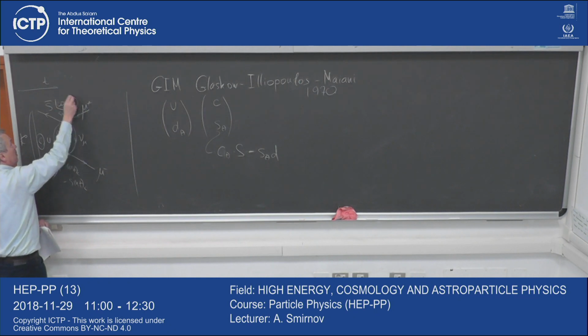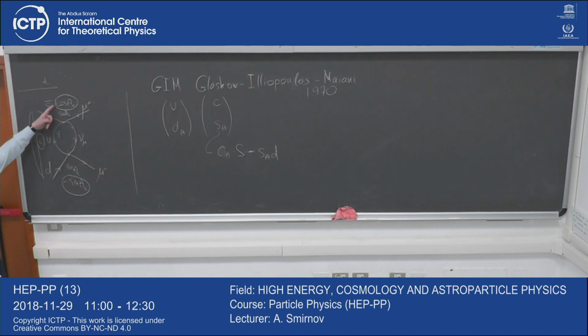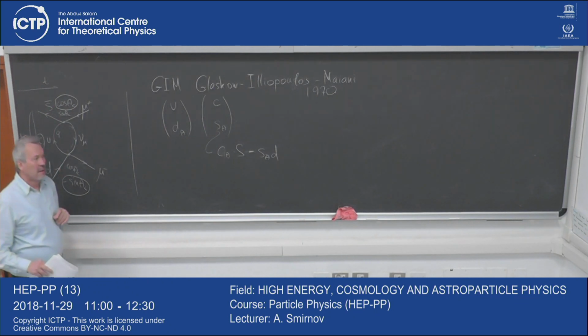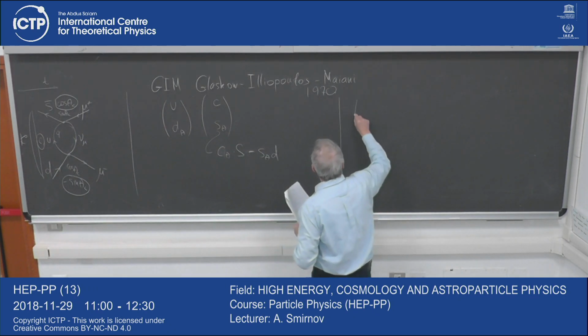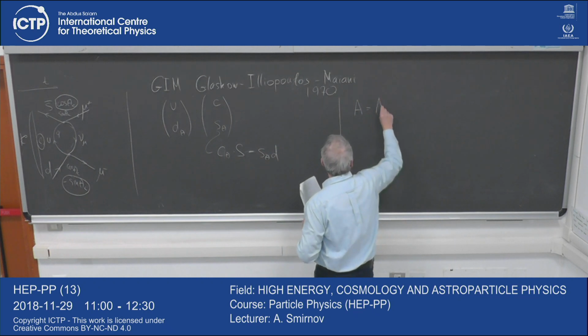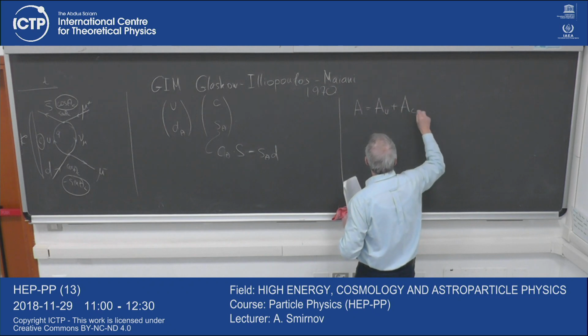So let me put this in the circles, what you would have for another diagram, but with the charm quark. You will have precisely the same diagram, but with the charm quark instead of the u quark, and you need to substitute these coupling constants in the vertices. Okay? Then you will have the total amplitude, which is the amplitude due to u plus the amplitude due to charm.